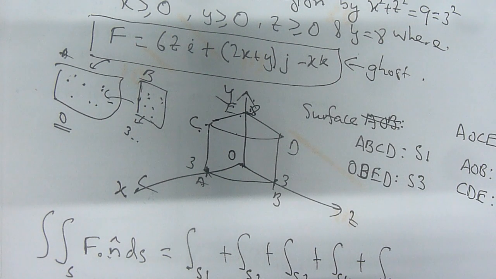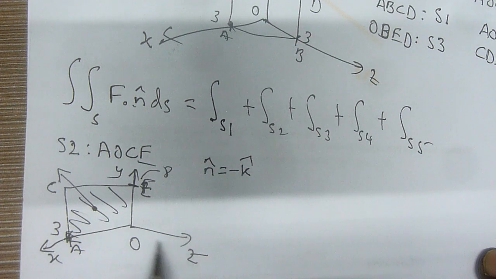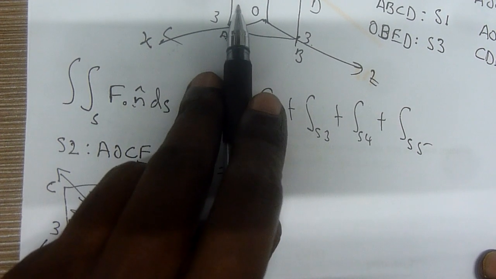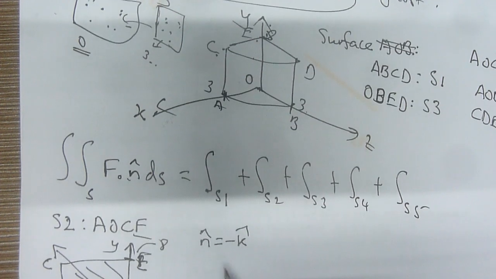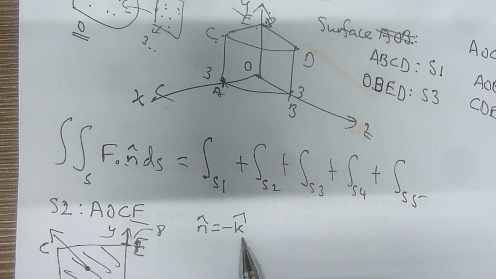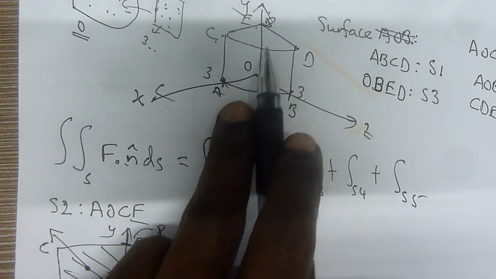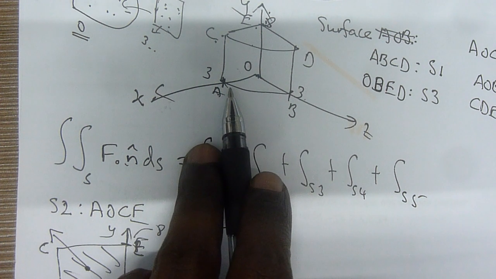That means what is the n? The n for this case is negative k. How do I know? Again, z. Can you see this? It is opposite to the z. Therefore, we call this n equals negative k. Is it a smooth surface? Yes. Please make sure this is a smooth surface. For sure, this is a smooth surface.